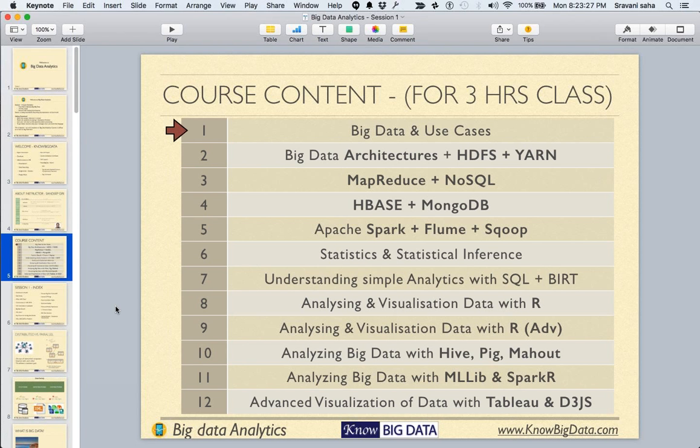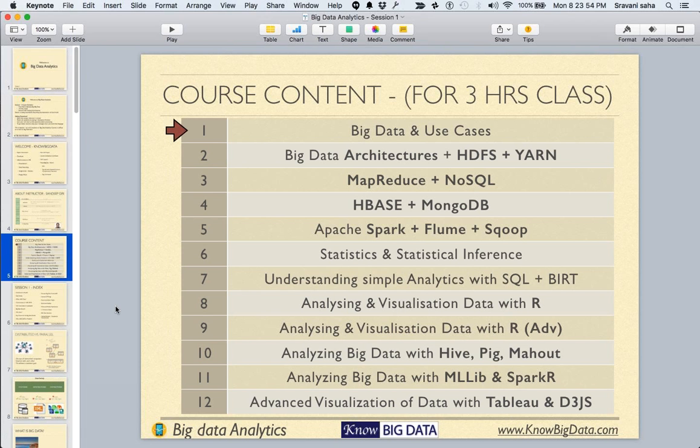So the idea is that within the first 5 sessions, you will get an overview of the complete technologies, the various different kinds of technologies in big data. By session 5 you should get a fair idea about the various available products in big data and when to use which one.